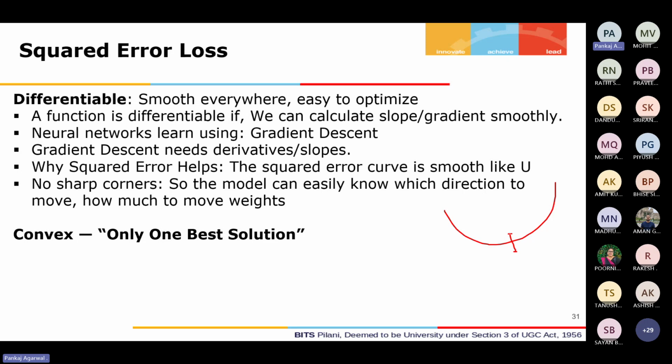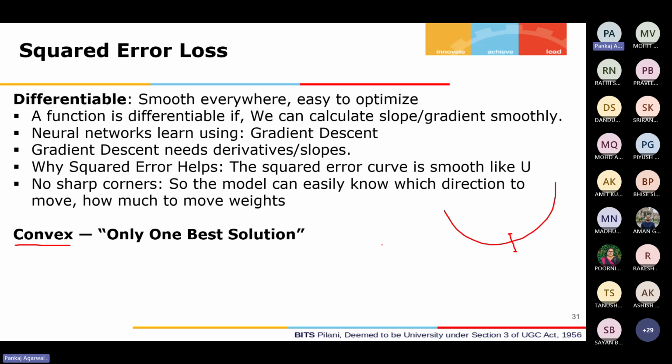I do not need many minimum values or many local optimal solutions. I need a global optimal solution. So this squared error function is convex because it produces a curve like this, right? There would be one and only one minimum possible, so it gives you one best solution.